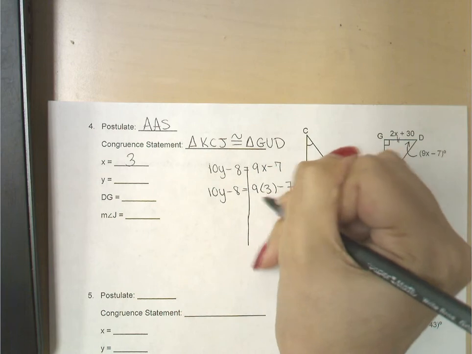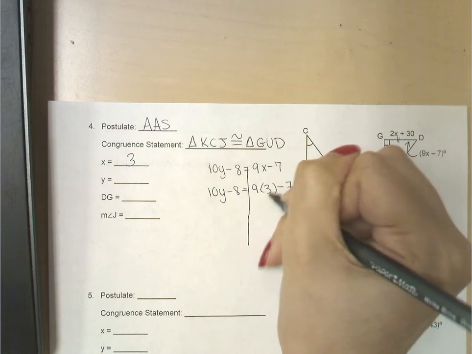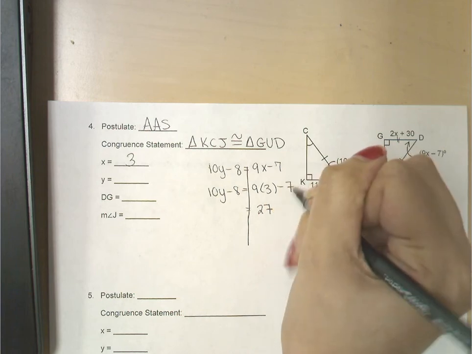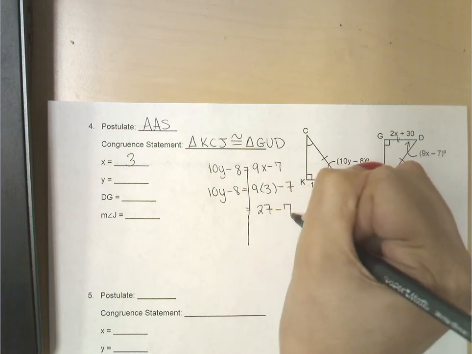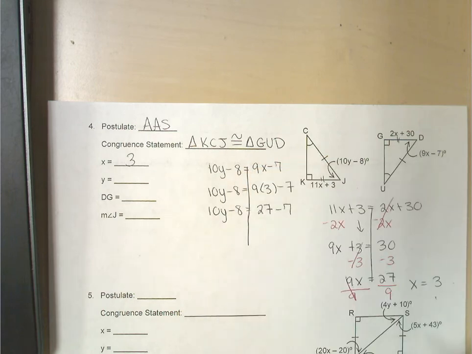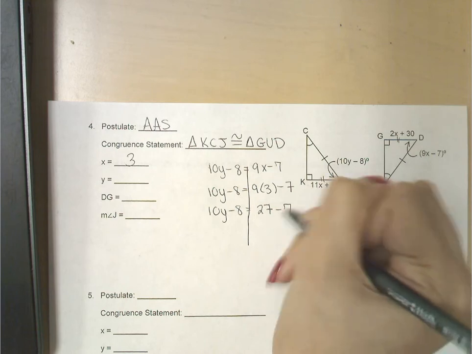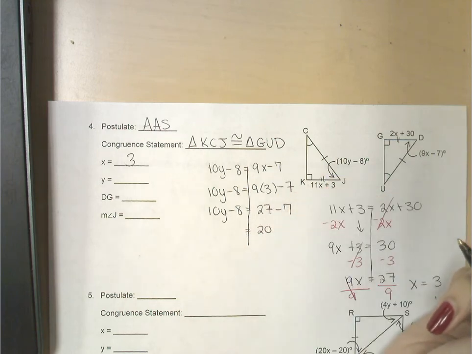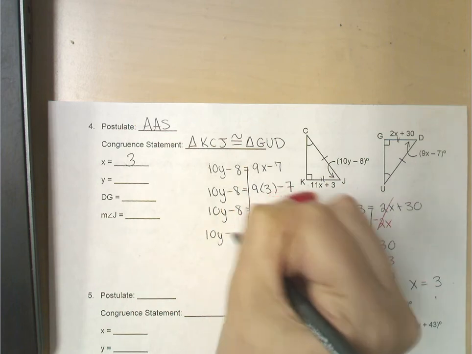So here, parentheses means I have to multiply, so 9 times 3, that's 27. And then carry down the minus 7. Over here I didn't do anything, so I'm just going to copy it. Now I have to combine like terms on the right side. I have 27 minus 7. That gives me 20. I didn't do anything on the left side, so I just carry that down.